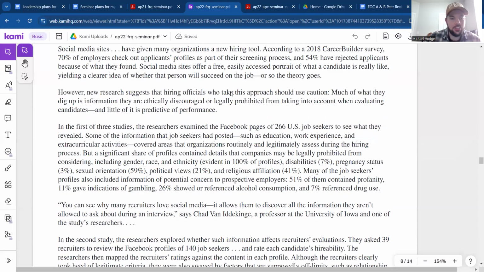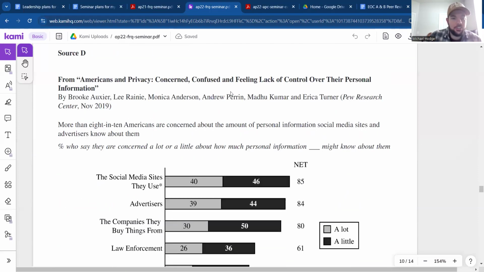And then I would go to source D, which just says from Americans and privacy, concerned, confused, and feeling a lack of control over their personal information. That also gives me some theme ideas. I can tell you right now, certainly you can tell what the overarching theme of these documents is without even reading a single one of them. It's obviously privacy. That's no secret. I'm not hiding anything from you guys there.